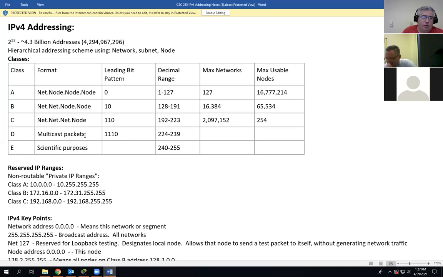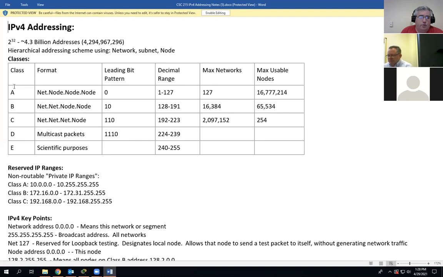D is used for multicast, but as far as our client computers and servers, we only use A, B, and C. D, the multicast, is mainly used for streaming services such as Netflix, or say video cameras, IP phones, that type of thing.